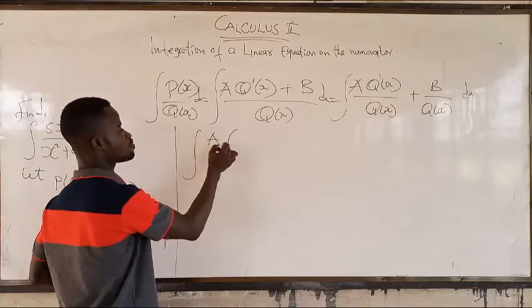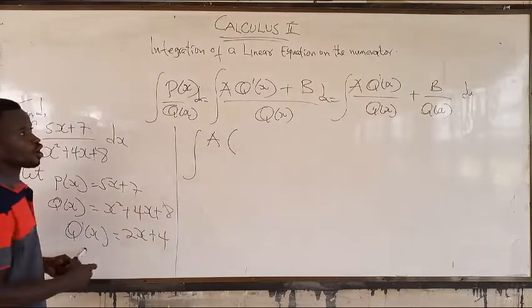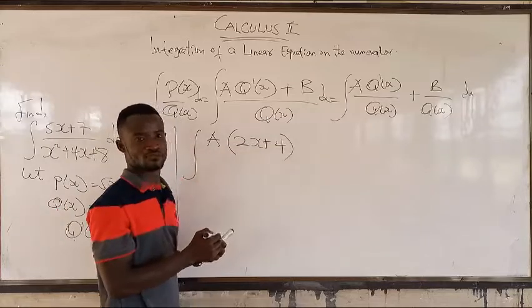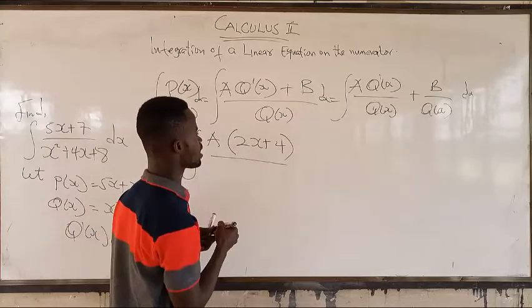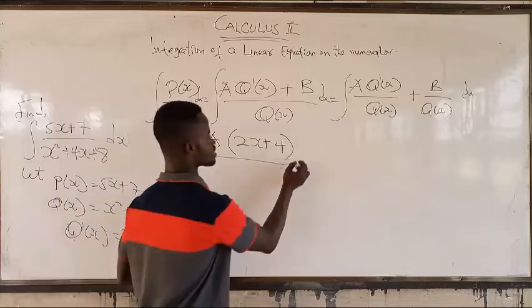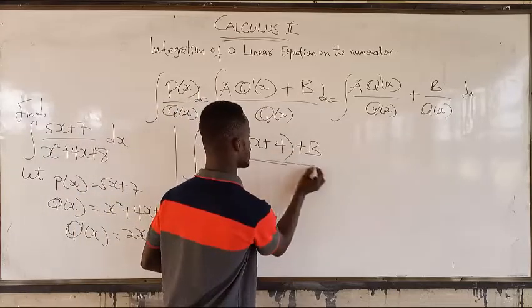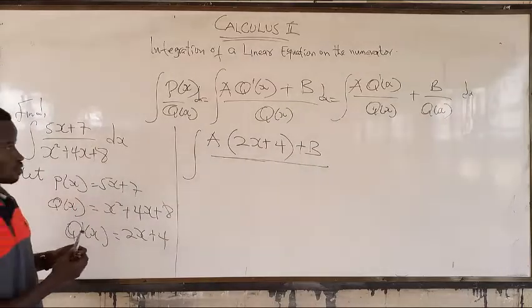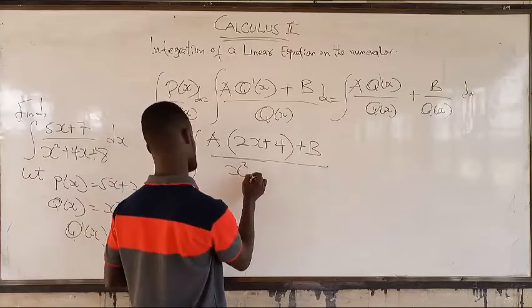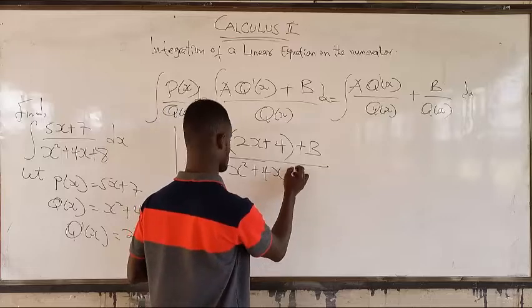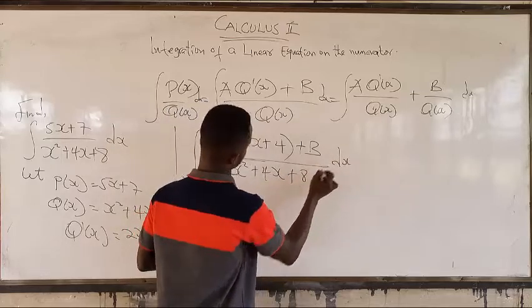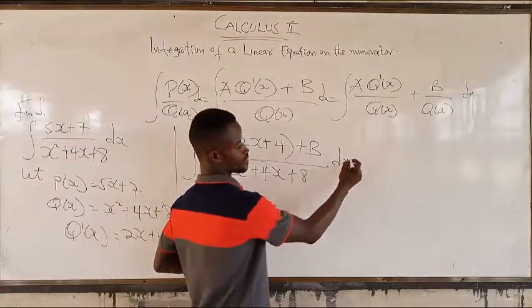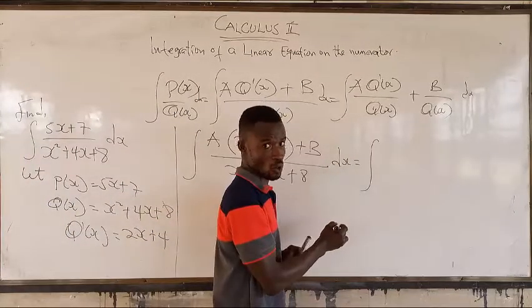So we multiply A by the derivative of Q, which is 2x plus 4, plus B, then all over the denominator. You see that? And this is the same as the integral of what?